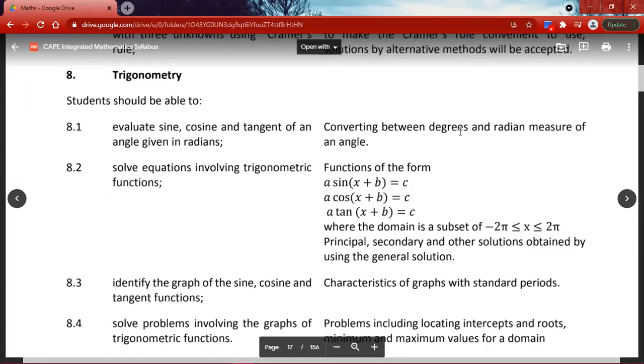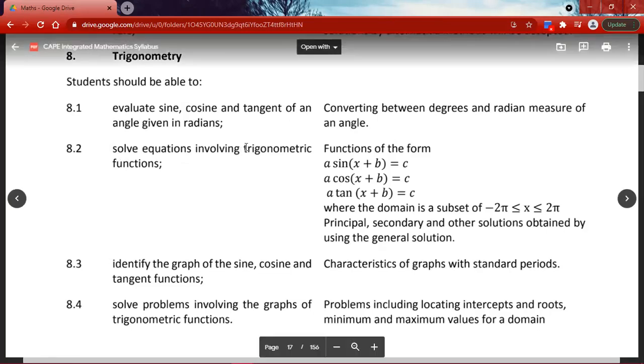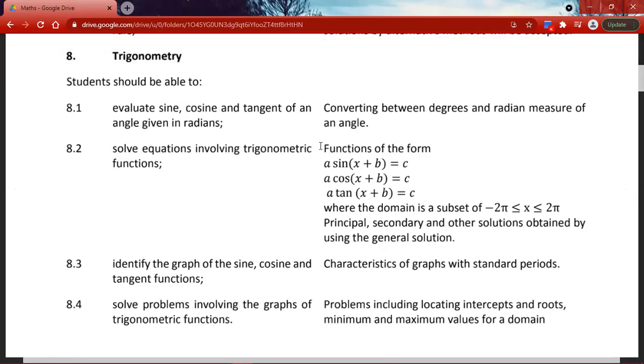Now, it says that students should be able to solve equations involving trigonometric functions. It tells you that you will get functions of the form a sine x plus b equals c, a cosine x plus b equals c, and a tan x plus b equals c, where a, b, and c are just constants.